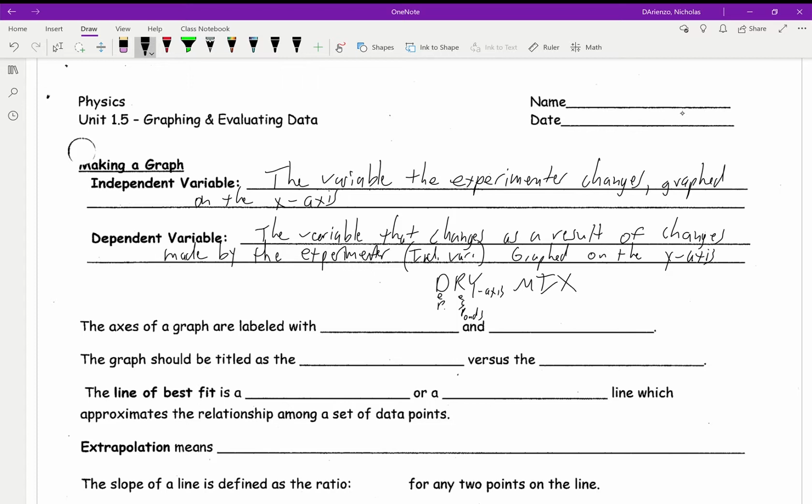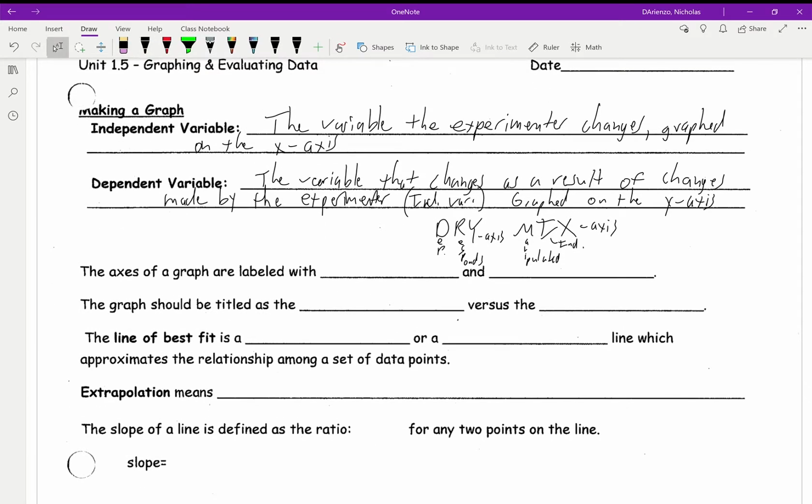MIX: manipulated, independent variable, x-axis. Apologize if that's kind of smashed in there. Feel free to pause this, take a closer look at it, and make sure you understand what DRY MIX means. If you have another acronym to use, by all means, go for it.